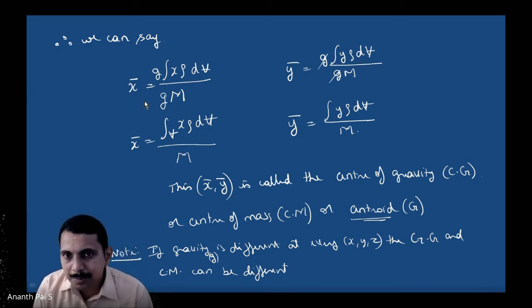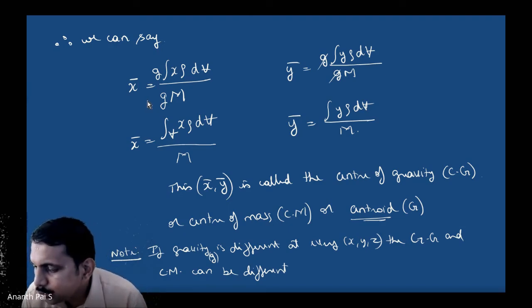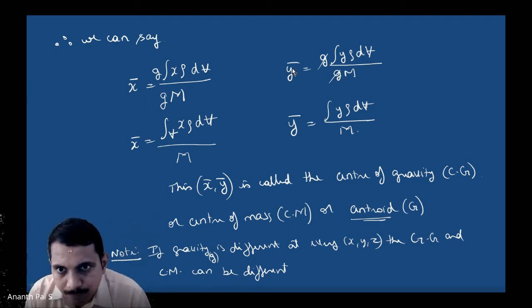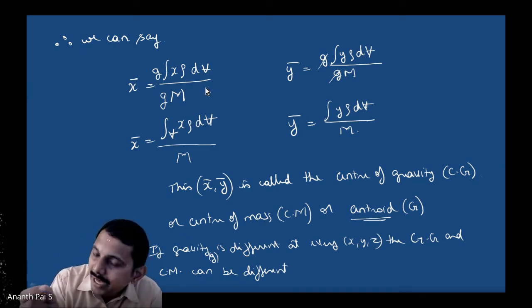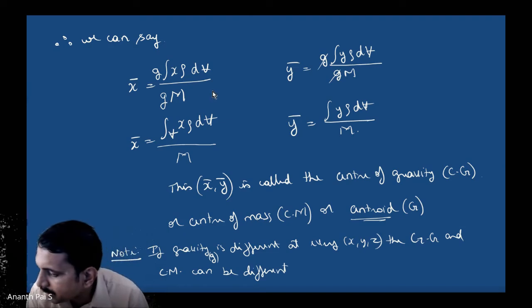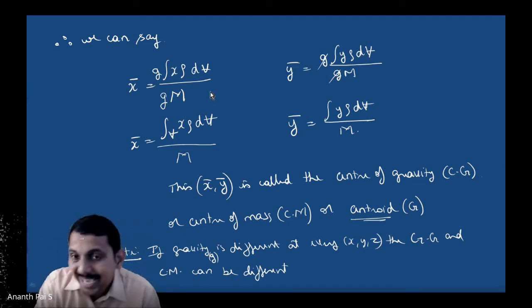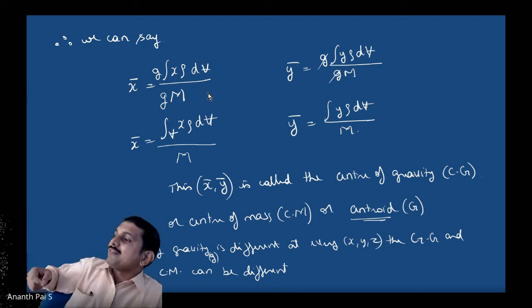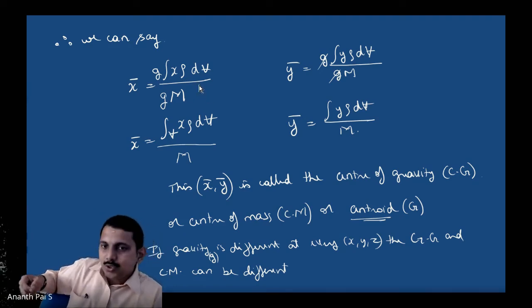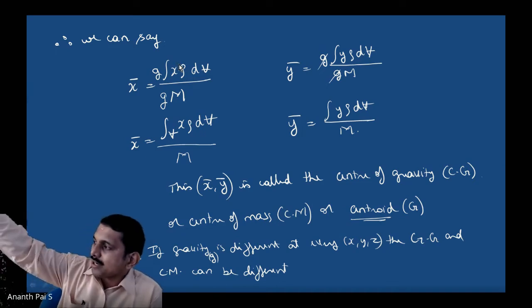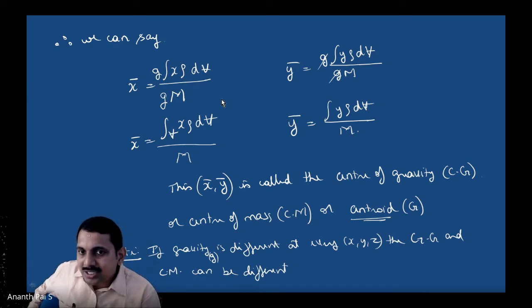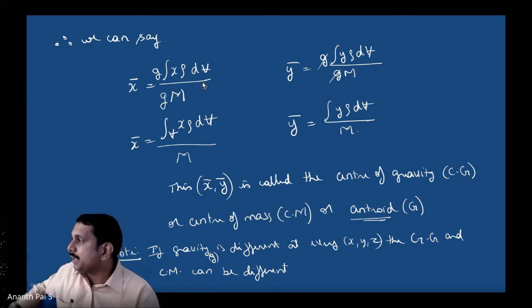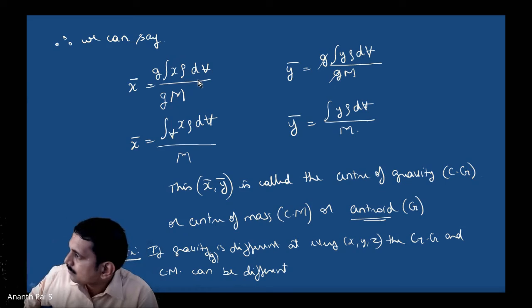Correct? So X bar is X into rho. X bar is the distance of the X. Am I correct here? Wait a minute, students. Yes, I am correct because X is the distance from the Y axis. Very important, one subtle element. This causes moment about Y axis.